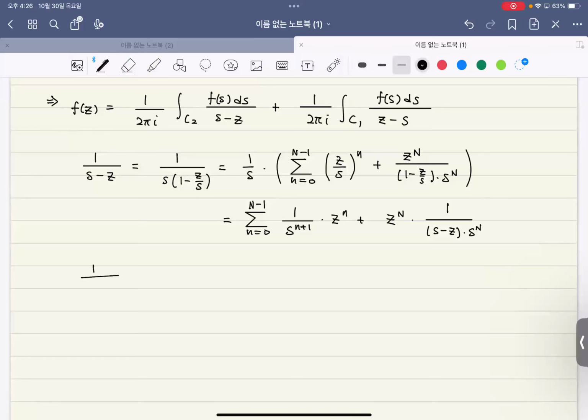So z minus s is, now every s should be z.